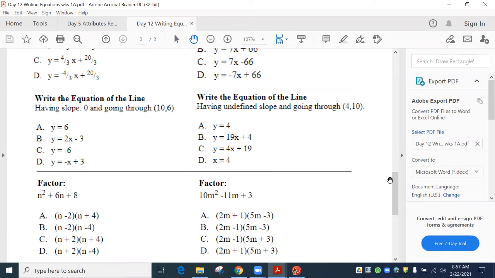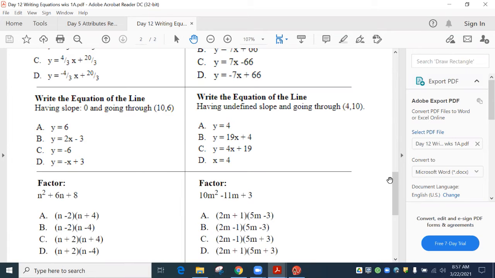So 0 looks like an O. So is it connected to Hoy or Vux? 0 would be connected to Hoy. Does that make sense? So that means that it's a horizontal line. Well, we don't have a line here, so that doesn't help. It's a 0 slope. And this means the only letter that's allowed in my equation is the letter Y. So when you look at your answers, there are 2 answers that have an X. B and D have an X. You can mark those off.